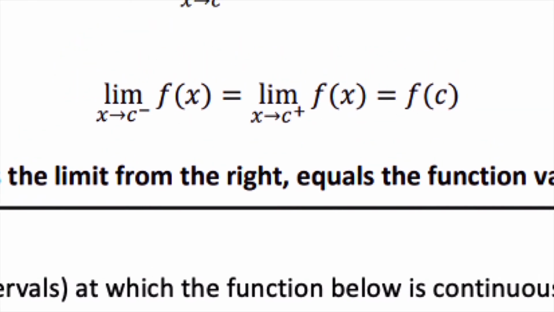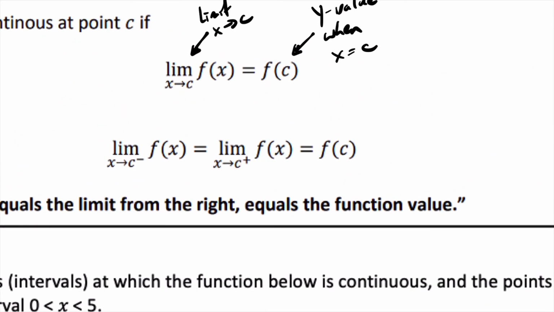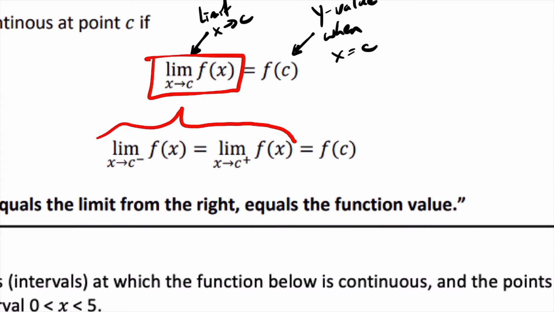It's another way of saying the same thing, because for there to be a limit, the limits on each side have to be equal to each other. So that's the definition. Either one is the definition. On your first test, there's going to be an FRQ that says, is it continuous? And this is what I need to see.